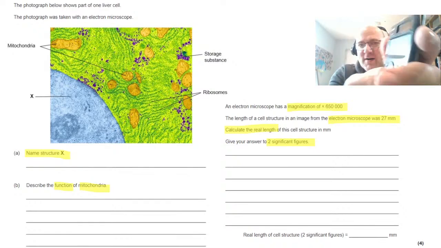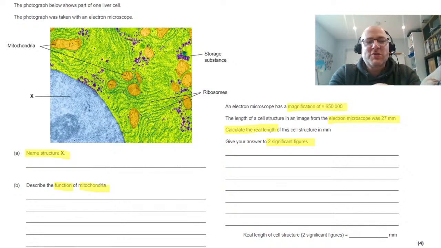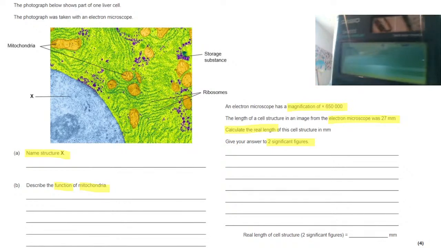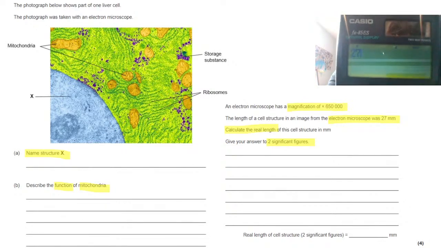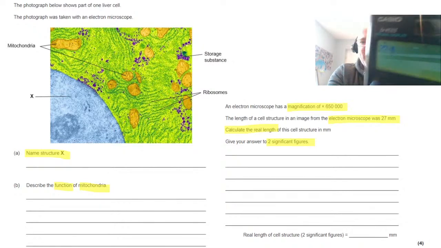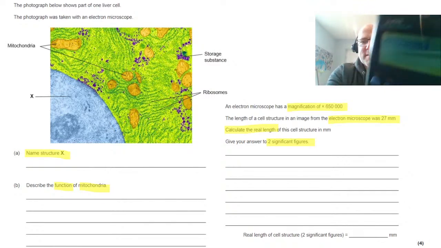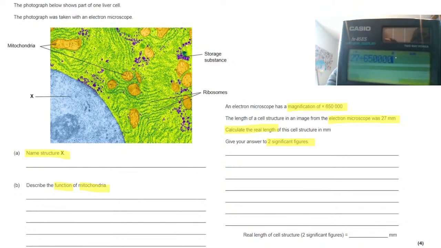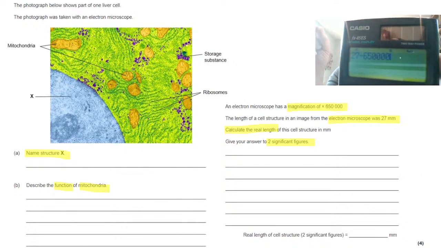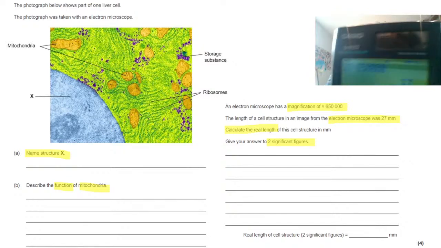Image is 27 millimeters, and we'd press divide by the magnification, which is 650,000, because image over magnification is going to equal the real size.